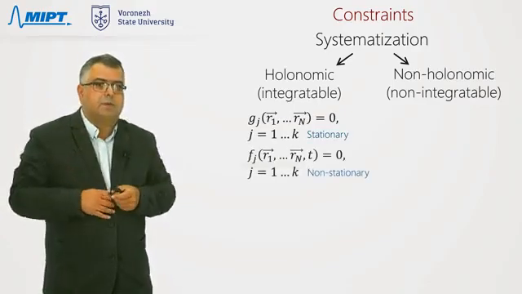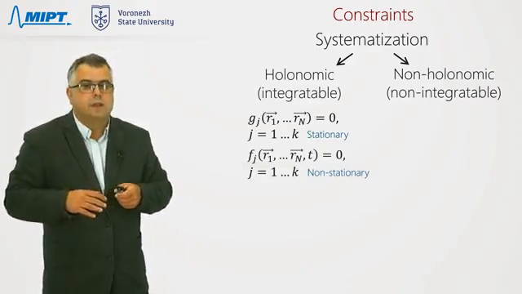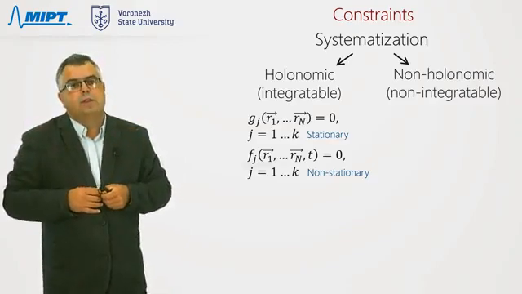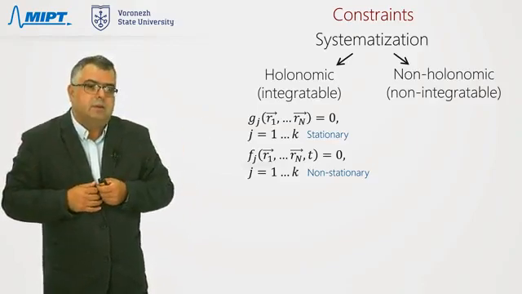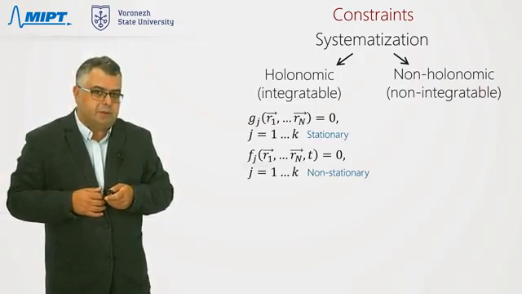There are two types of holonomic constraints: stationary and non-stationary constraints. In the stationary case, our function does not depend on time, and in the second case, we have explicit dependence on time.